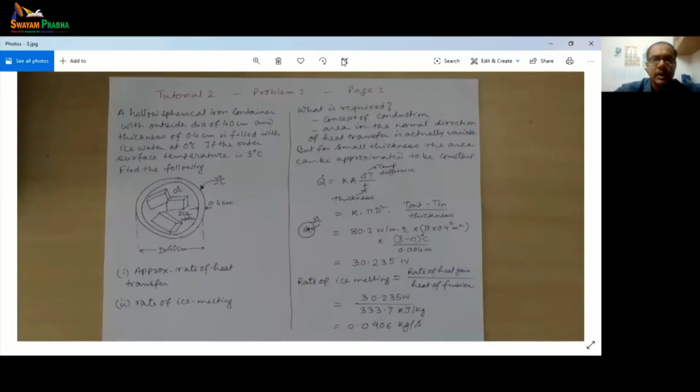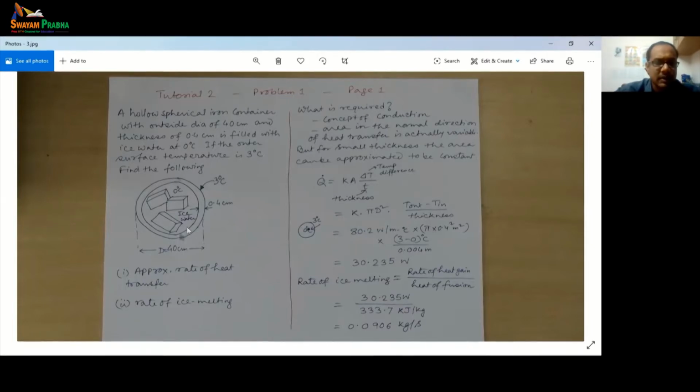The first problem here is a hollow spherical iron container with an outside diameter of 40 centimeters. In the figure you can see that the outside diameter is 40 centimeters and the thickness is 0.4 centimeter. It's a spherical container, that means a hollow ball, filled with ice water at 0 degrees centigrade.